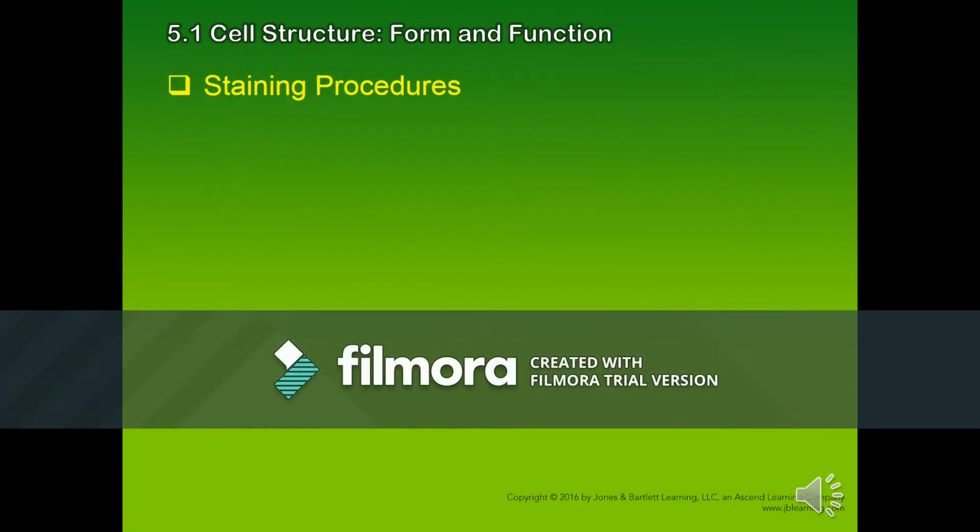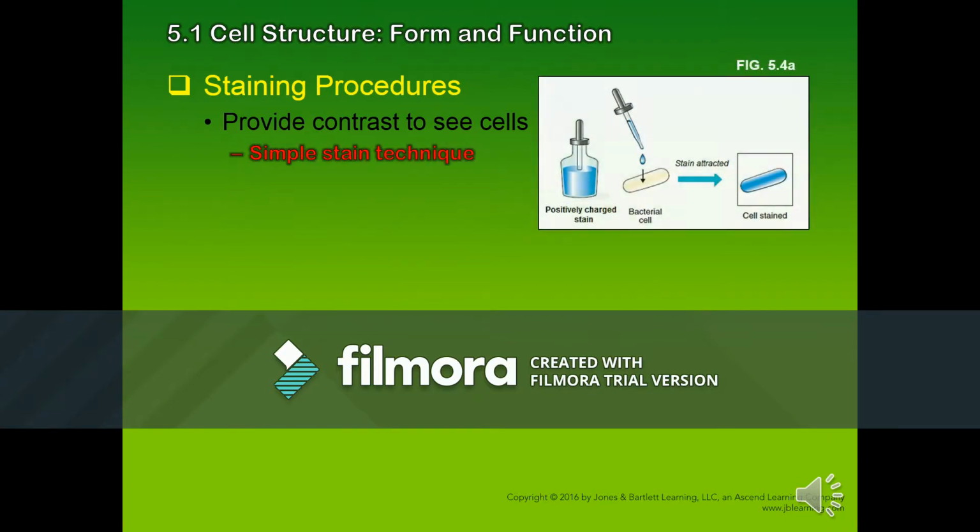Okay. Now, to be able to see those under the microscope, we need to be able to stain these things. And the basic point of any staining is to provide some contrast between the cells and just the cover slip under the microscope. Okay. So a simple stain simply means that it's just one color of dye.